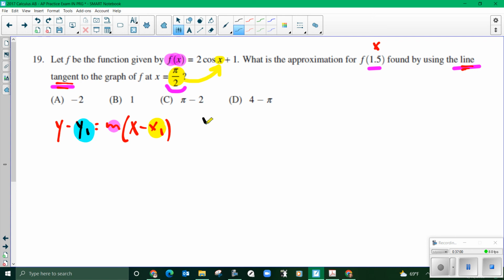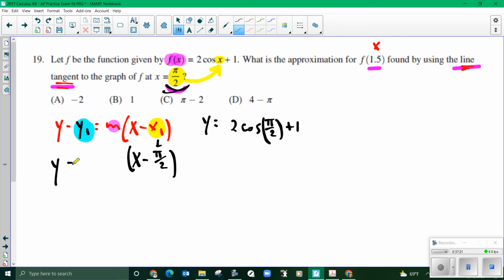Okay, so y equals 2 cosine of my x, which is pi over 2, plus 1. If my x is pi over 2, I'm just going to plug that right in. I'm finding the y right now.